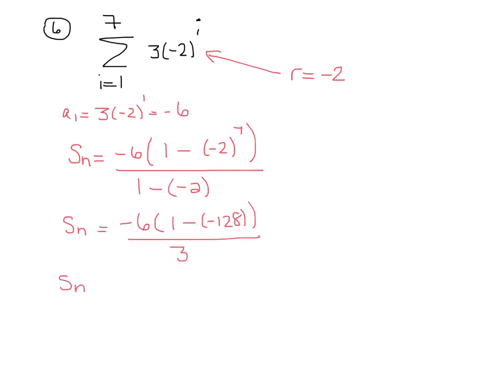And we get S sub n equals negative 6 times the quantity of 1 plus 128, or 129 over 3. And our final sum equals negative 258.